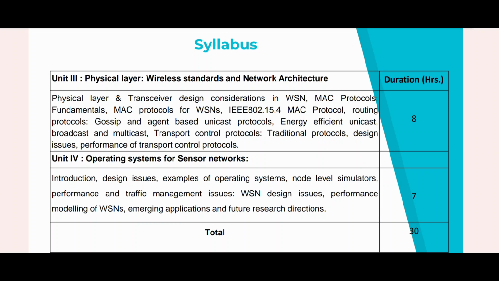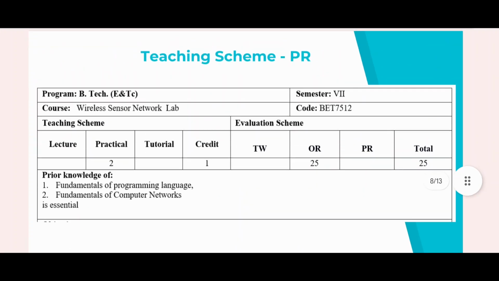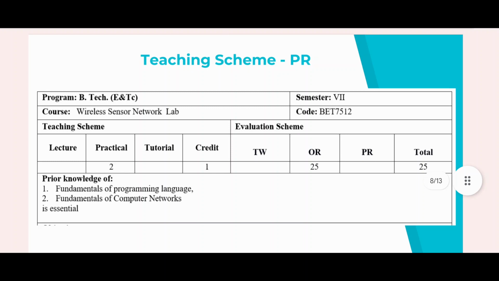So in total, the hours required for completion of the syllabus for this course are 30 hours. Let us talk about the teaching scheme for the lab, which is called Wireless Sensor Network Lab. It carries 1 credit, there are two practicals, and this course has 25 marks for oral.